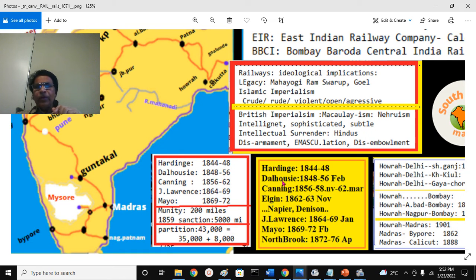And he came to India as Governor General of Fort William at Calcutta, the predecessor title of Viceroy. At that time, railway building started in India.